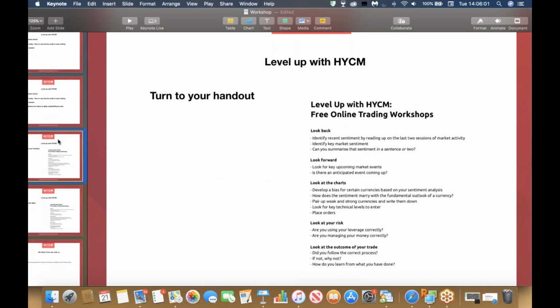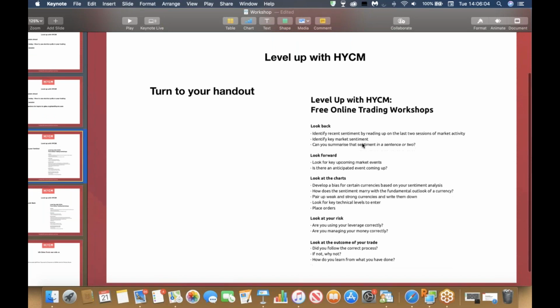So if you'd like to turn to your handout, it should look like this. I'll keep it on the screen here for us for ease. And we're going to start, as we always start, by looking backwards. You always have to see the context that the market is in, because what we're trying to identify as currency traders is unexpected change, because the best opportunities come when we see a divergence between price and either monetary policy or a political decision or some other market moving event.